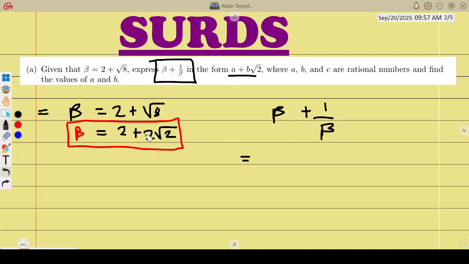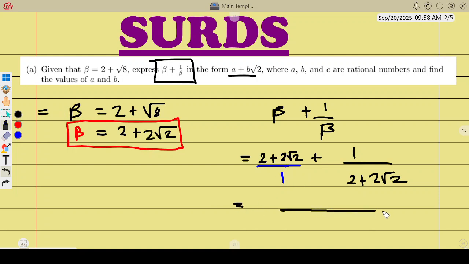Where there's beta, we put 2 plus 2 root 2, plus 1 over 2 plus 2 root 2. And then we can express as a single fraction. So here meaning we have over 1.